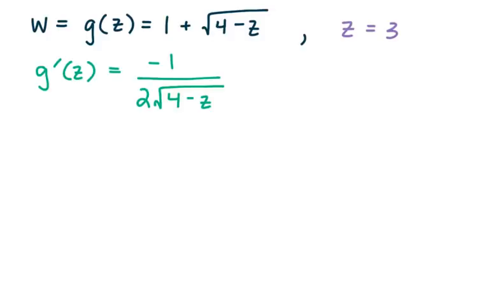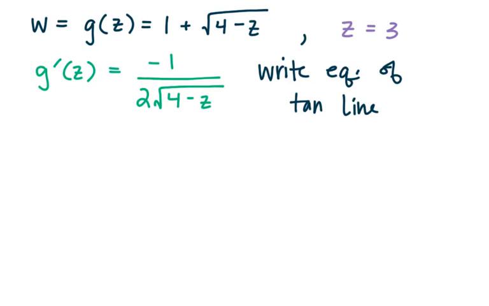So let's look at what we have here. I've rewritten my function. I have a point, an input value, and then I have my derivative. And we need to write the equation of the tangent line.